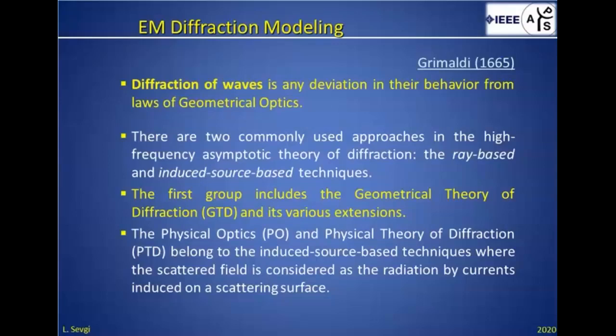It's called physical optics, PO, and its diffracted version is the physical theory of diffraction, PTD. So we have two groups, GO and GTD, which are ray-based, and PO and PTD, which are surface or source-induced current-based. So GO and GTD use rays, but PO and PTD use currents on the target or object. Next slide, please.